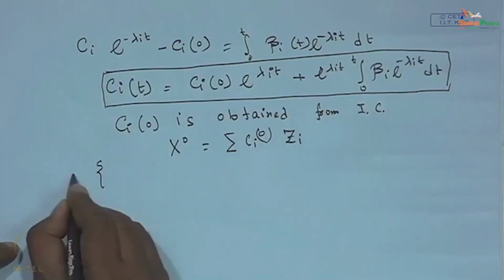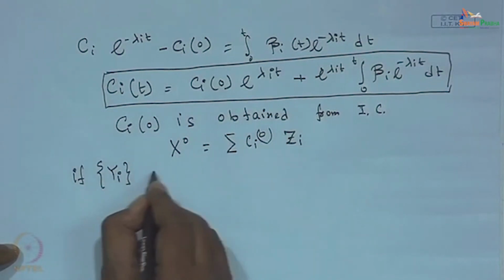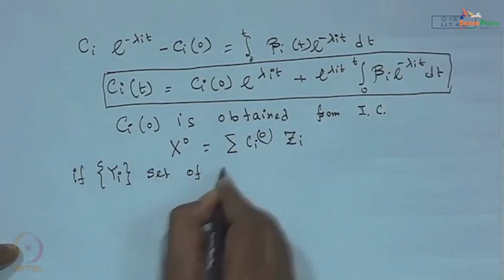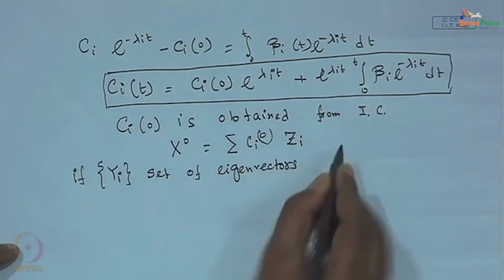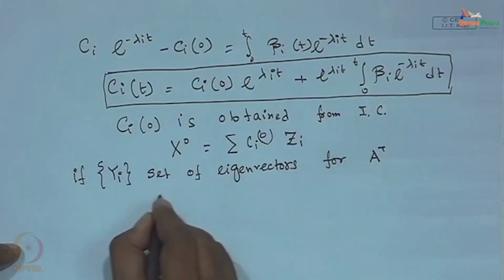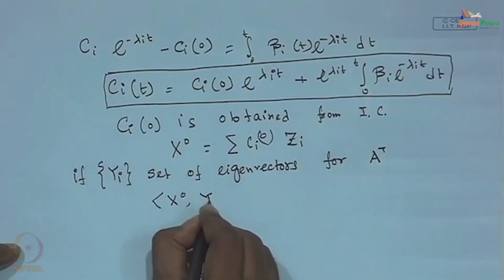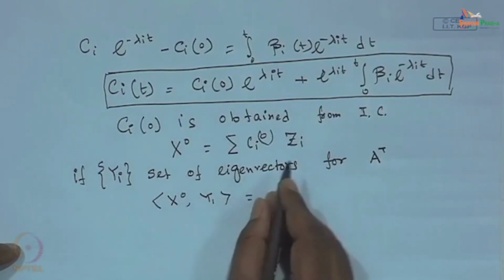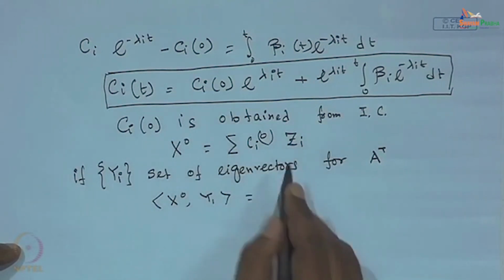So, now if y_i is a set of eigenvectors for A transpose, then the inner product of x naught and y_1 is obtained by taking the inner product of this equation with respect to y_1.